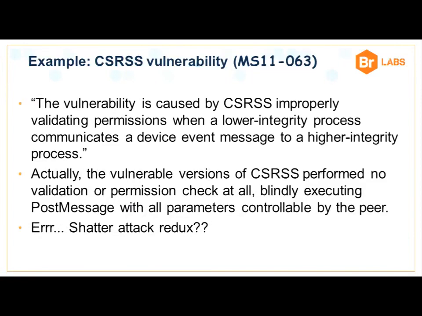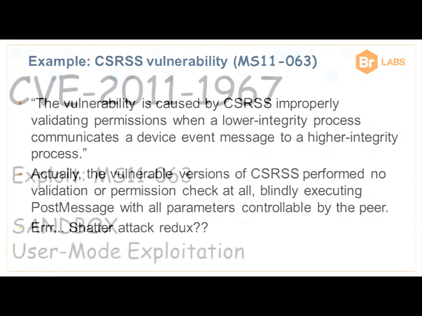Anyways, the reality is the vulnerable versions of CSRSS perform no validation or permission check, blindly executing post messages with all parameters controlled by the peer. That is really, really bad, right? It's a design flaw. Have you heard of shatter attacks? Way back in the early 2000s, it's kind of like shatter attacks happening again in this day and age, right? Going back to the future, as they say.